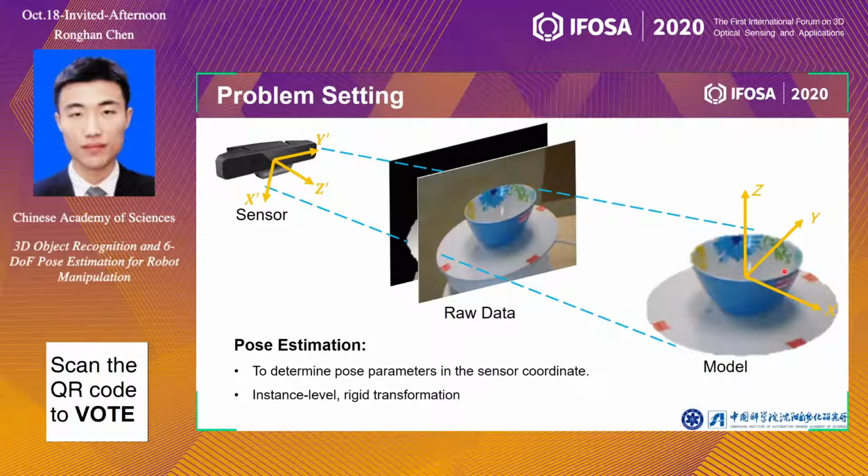In this talk, we mainly focus on instance-level pose estimation, which means the 3D model of the query object is given, and they are only under rigid transformations. So we know the importance of the pose to robot manipulation, but how exactly does pose estimation help with it?